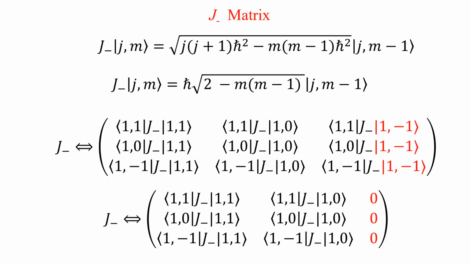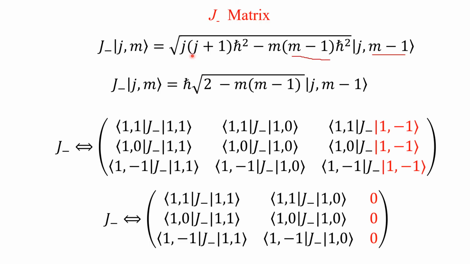Now we will see the lowering operator j minus. When j minus acts on jm, the state of m will reduce by 1. That is m minus 1. And in the previous case, the rising operator, we have seen this is m plus 1. Now it is m minus 1. That is the difference. So as usual, you take h cross squared outside, so it will become just h cross.